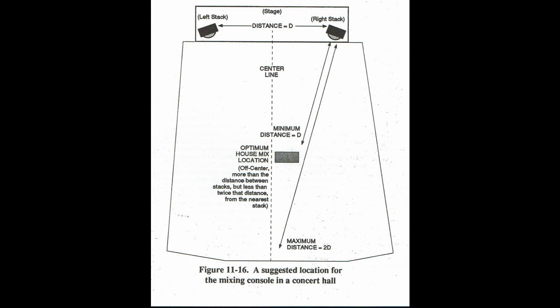To reduce a lot of this reflection, many architects will slightly curve the walls of the auditorium so that it is less likely and less frequent that those sounds will bounce off, making it fairly unintelligible.